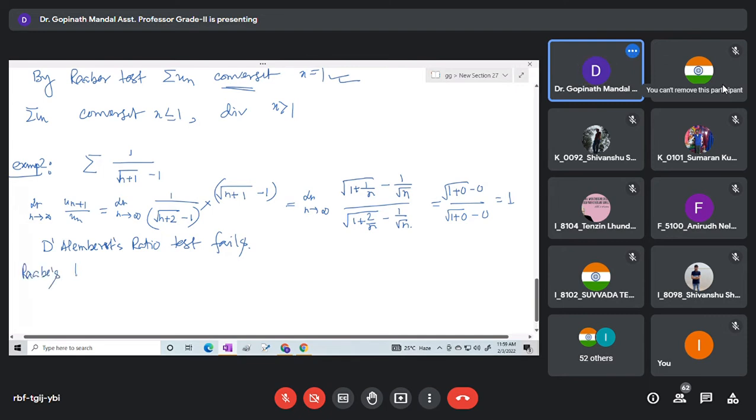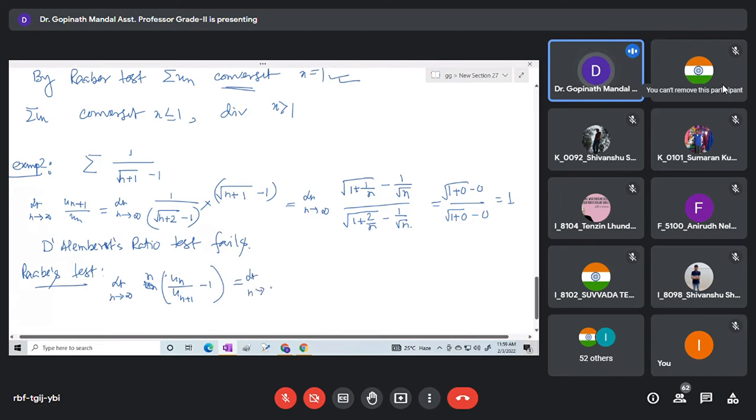Raabe's test. So limit n tending to infinity, n into (un by un plus 1 minus 1).